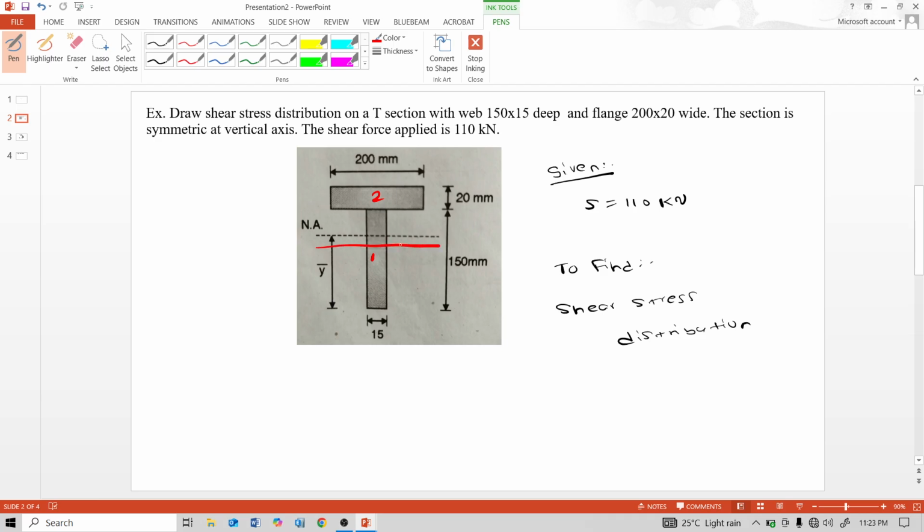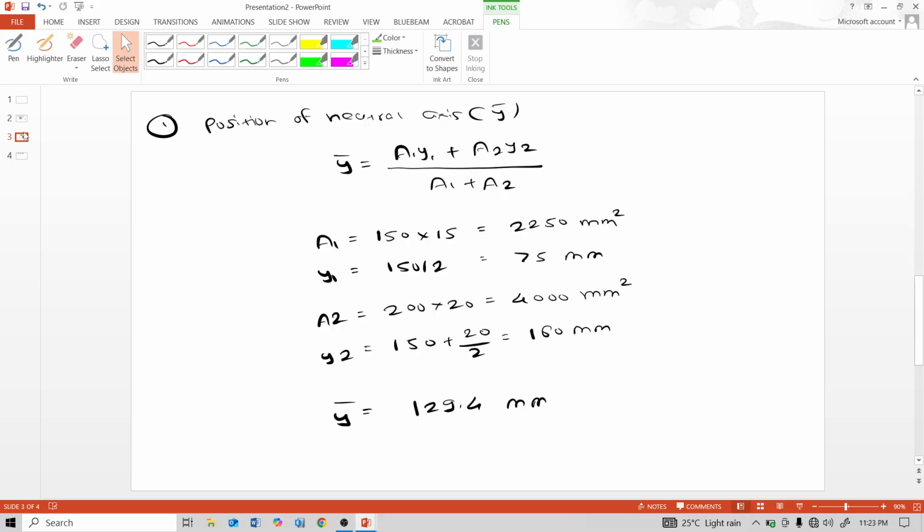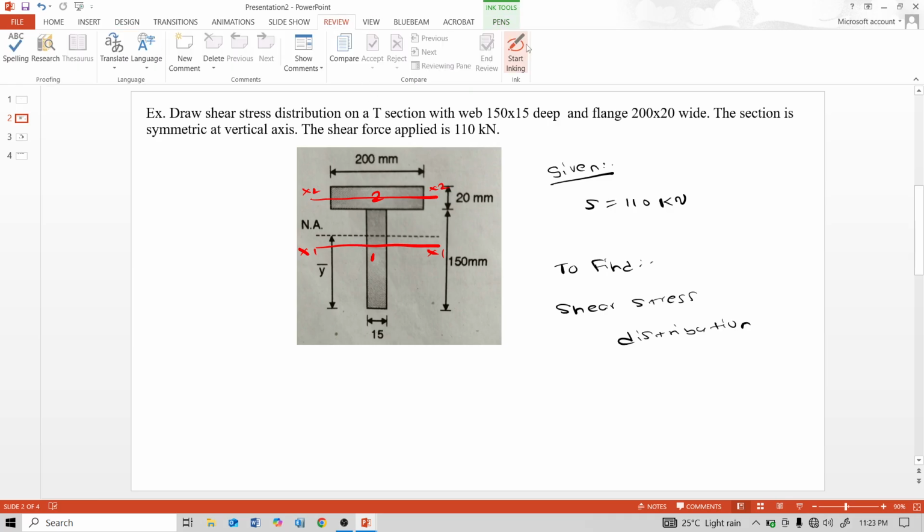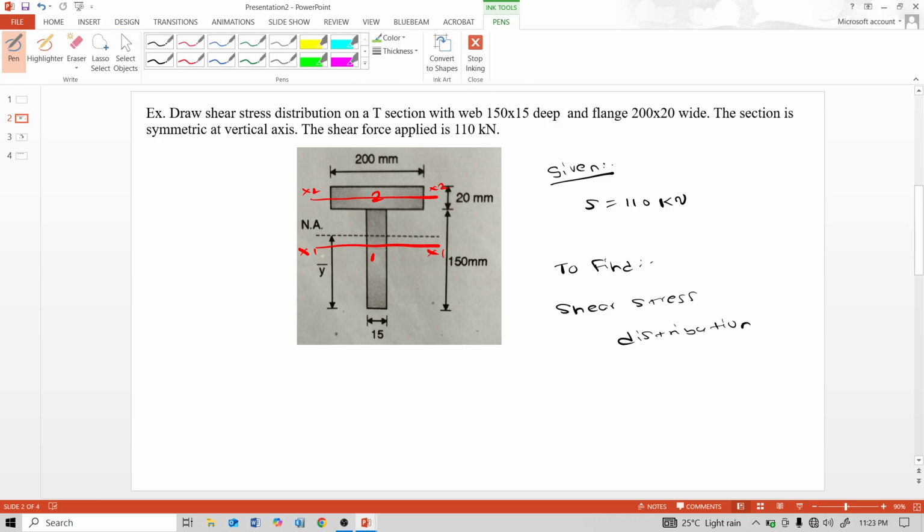Here this is the neutral axis for the web portion x1x1, and this is for the flange portion x2x2, and the neutral axis of the whole T section is y bar equal to 129.4 mm from the bottom.